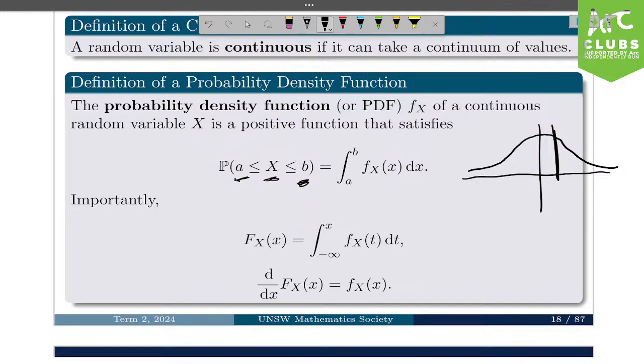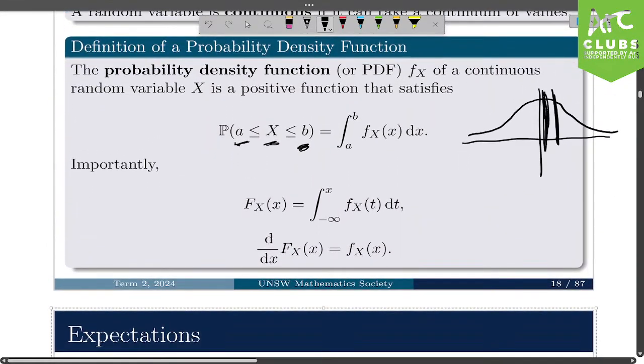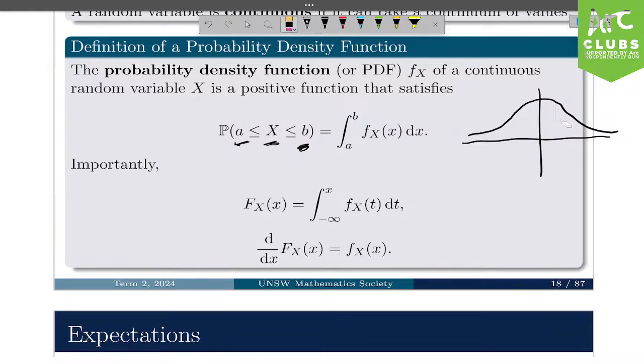So whenever we're using continuous random variables, we always have to look at the probability that our random variable takes a value between two thresholds.